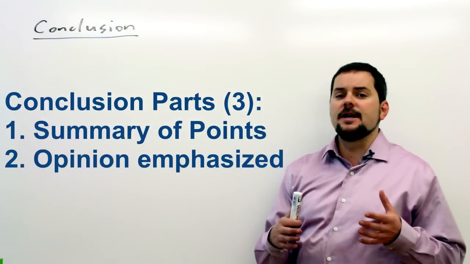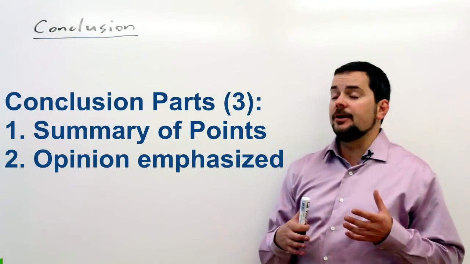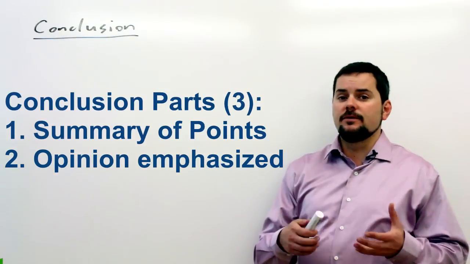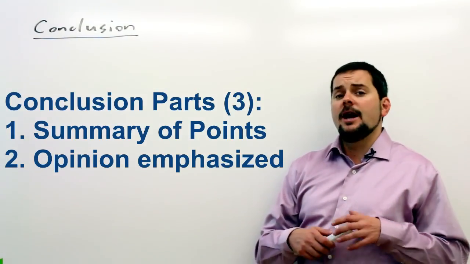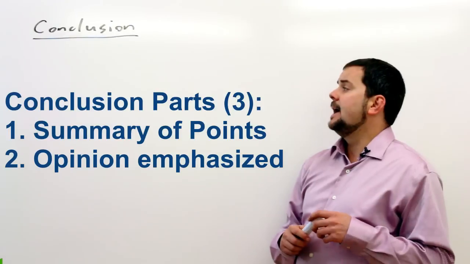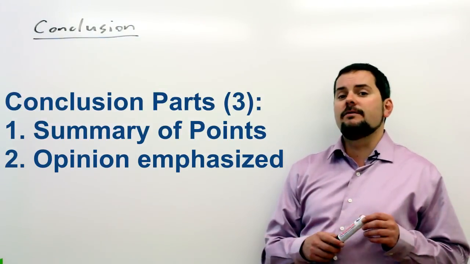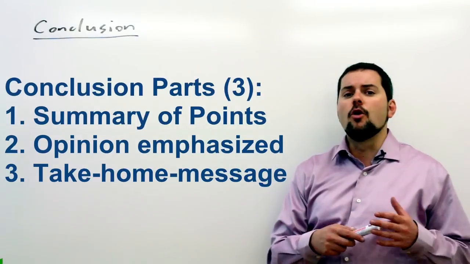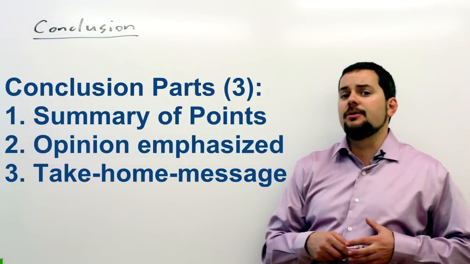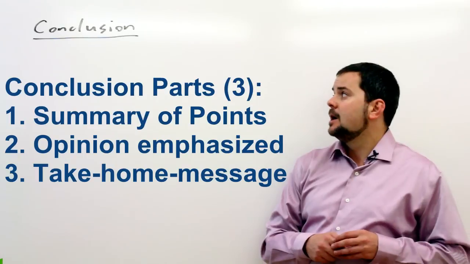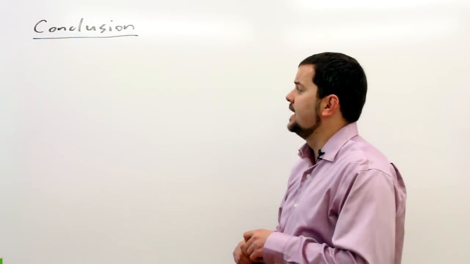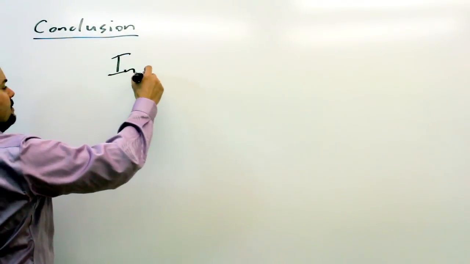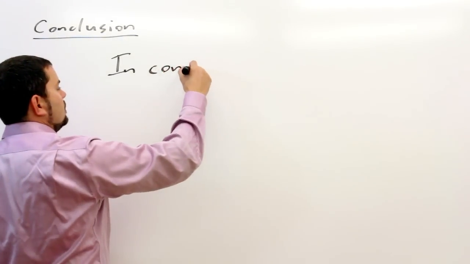In this case, my opinion is that universities' main objective or primary goal is to give access to knowledge without necessarily considering the usefulness for future work. So I need to state that very clearly and loudly. And then, of course, my last sentence of the conclusion should be some kind of a useful message that the reader can take home, and something that will give the reader value in the writing. So again, I indent 5 spaces and then I begin. So again, on the IELTS, they like to see the phrase "in conclusion." So I'm going to start with "in conclusion."